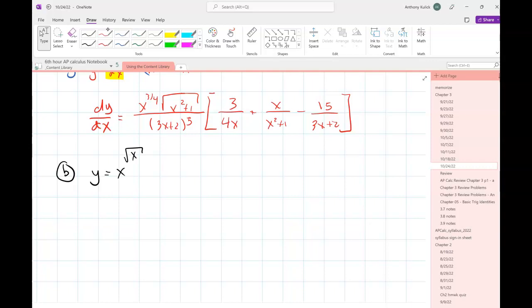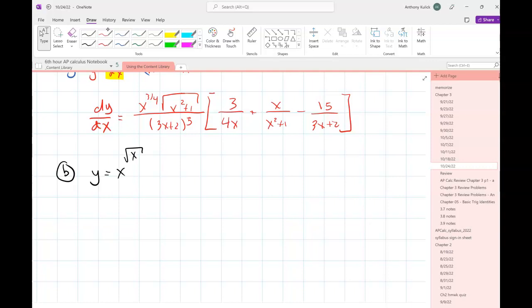If I look at this function, x to the square root x, is this exponential? No, because the base of the exponential is a variable, not a constant. Is it a polynomial? No, because the exponent of it is a variable, not a constant. Do we have a rule to deal with a function like this that's neither exponential nor polynomial?